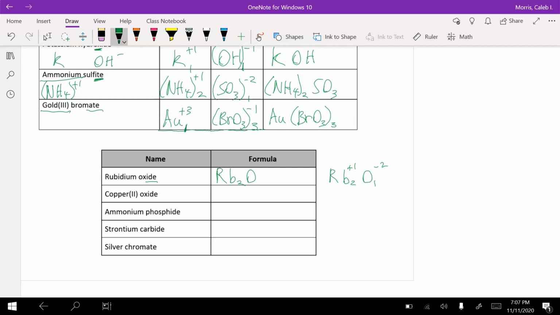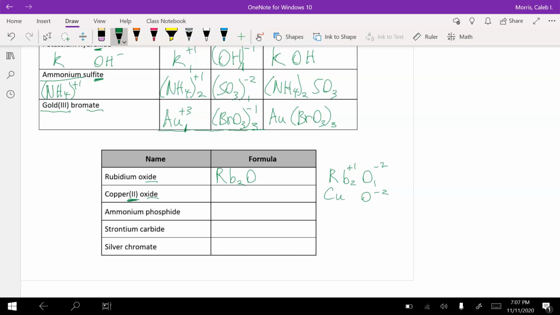Copper 2 oxide. Well, I don't have to look up oxide again because I just did it. Oxide has a negative 2 charge. Copper 2, that's just copper with a positive 2 charge, and if you already know the symbol of copper, it's Cu. If not, you could find it on the periodic table.